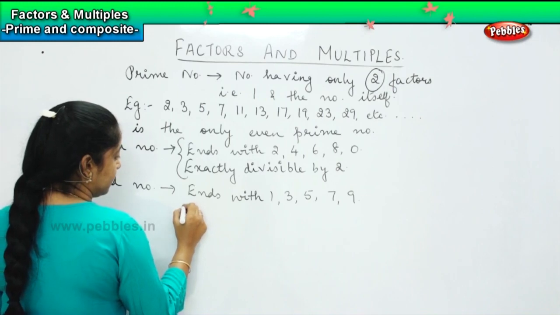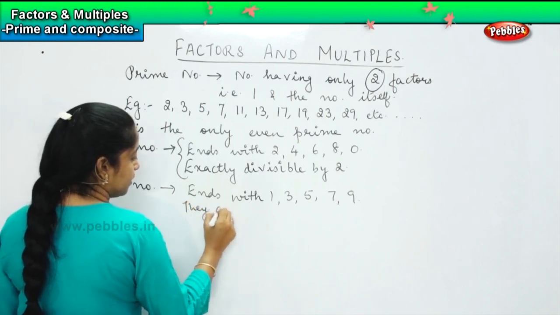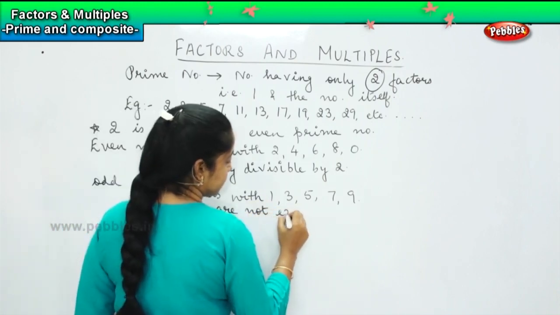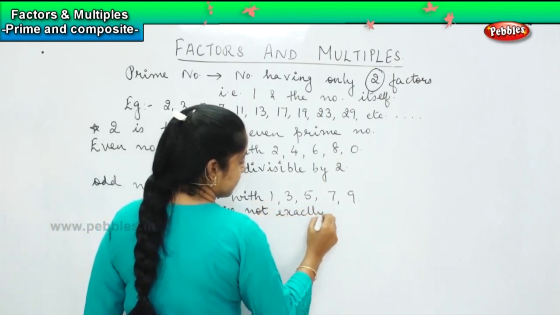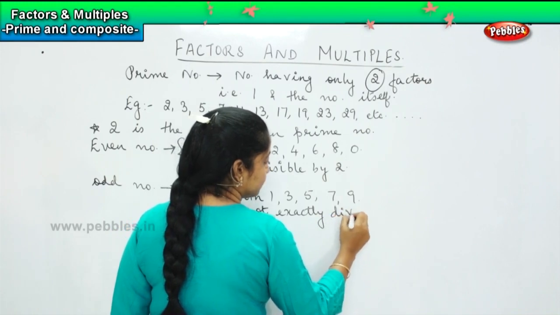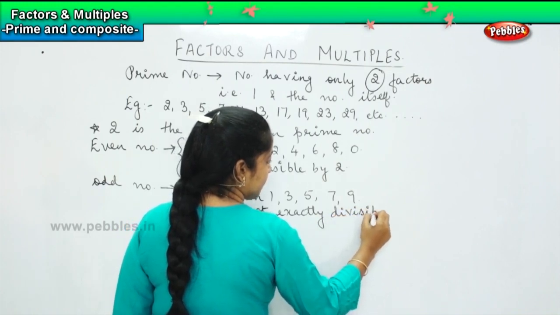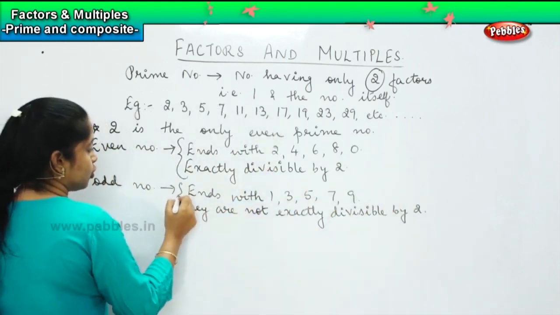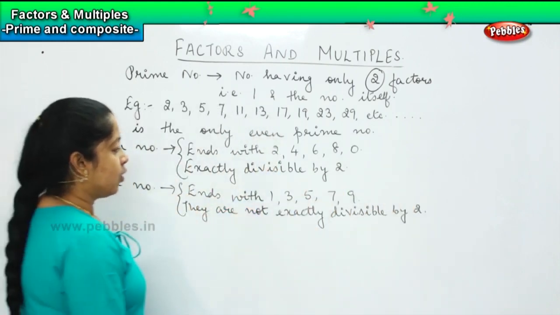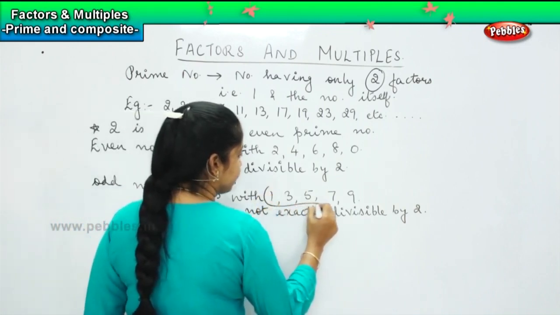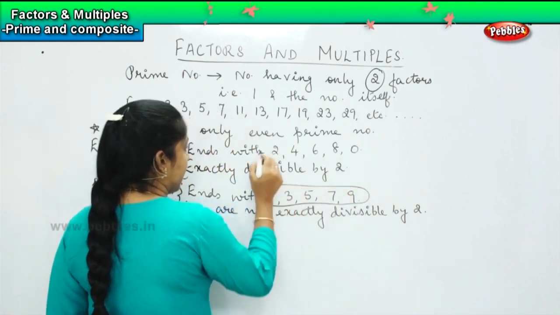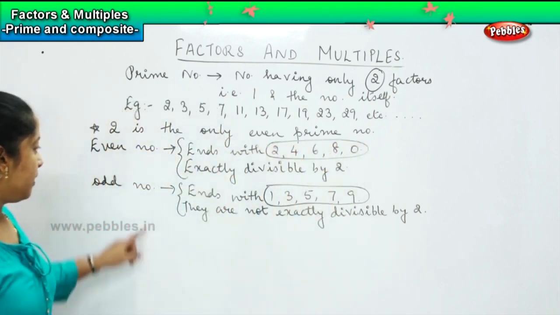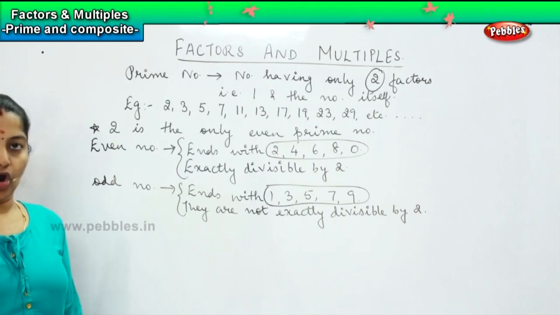Okay, and here they are not exactly divisible by 2. Okay, so those numbers which end with 1, 3, 5, 7 and 9 and the numbers which are not exactly divisible by 2, they are categorized as odd numbers.